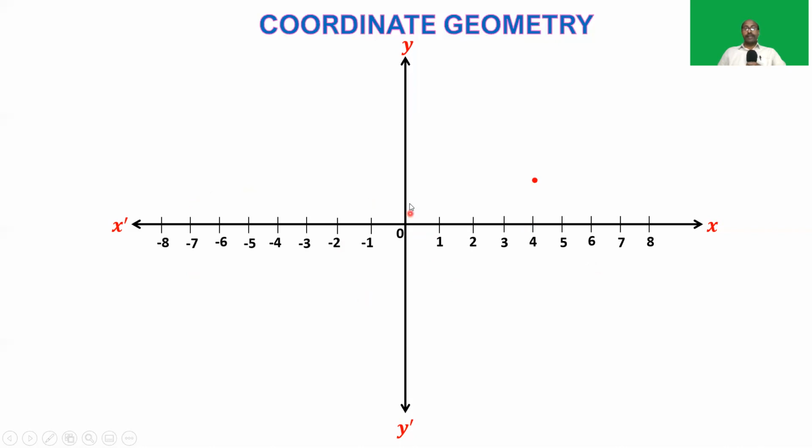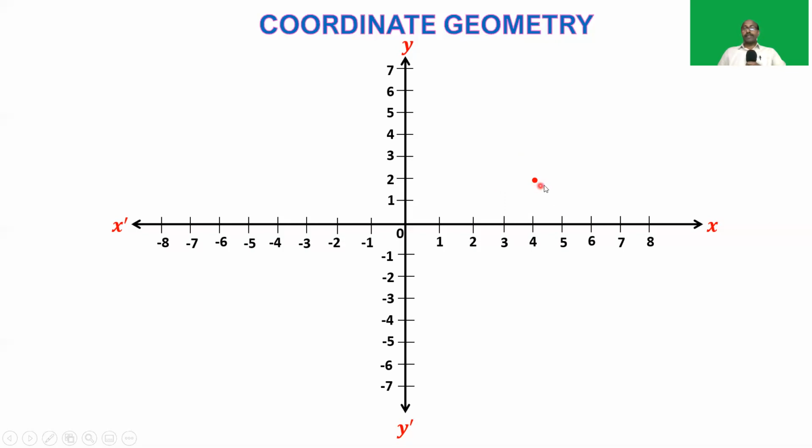Similarly, the y-axis above the origin is called the positive y-axis, and below the origin is called the negative y-axis. Now we can determine the position of the point we have taken.